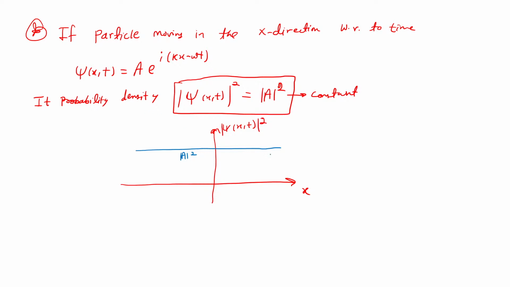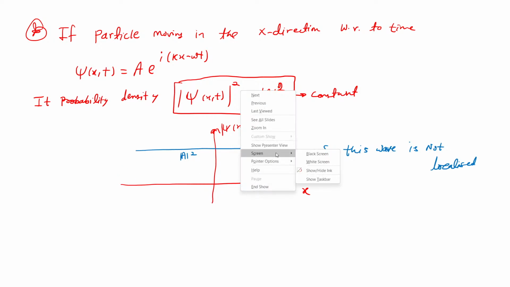It is moving along the space with the same, constant probability, which is not possible. So this wave is not localized. So you can see that a single wave cannot travel all along the space.